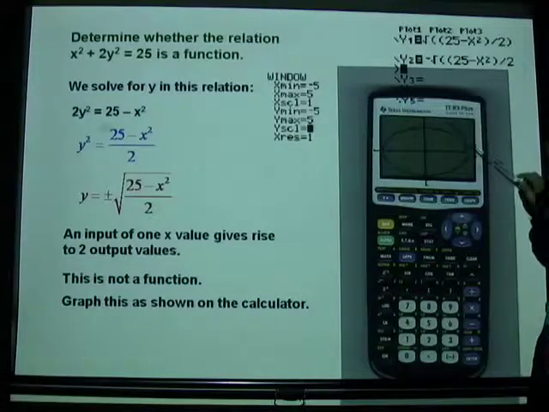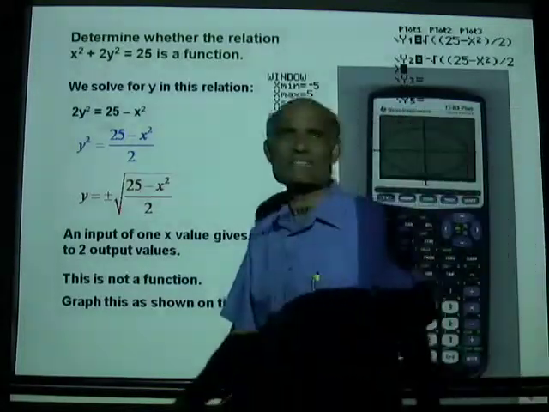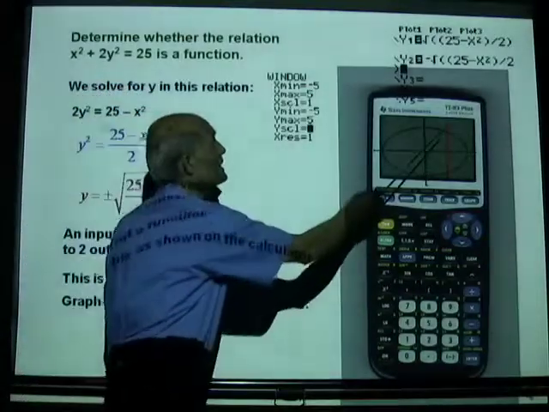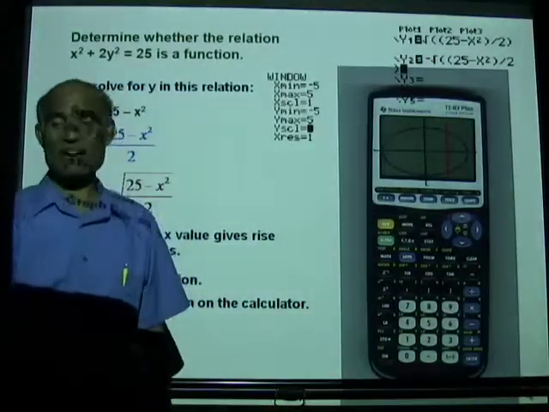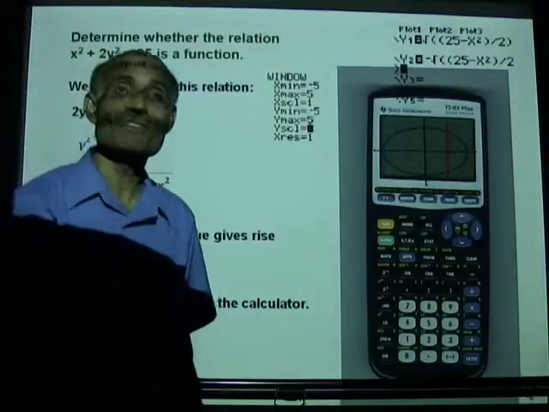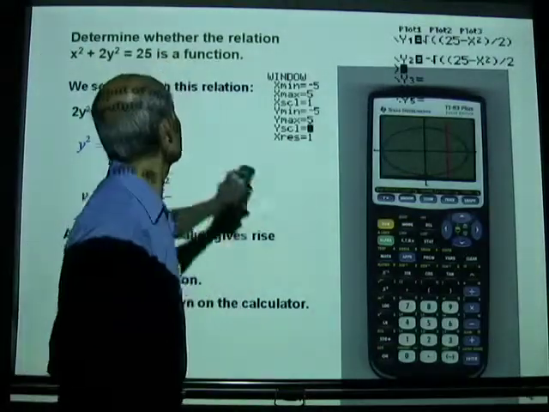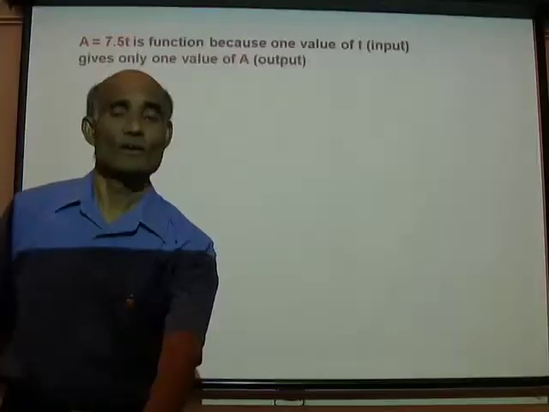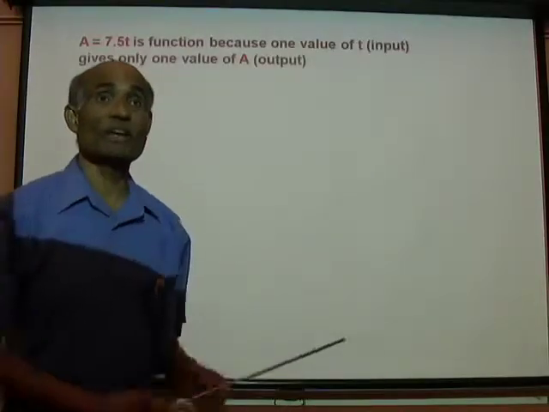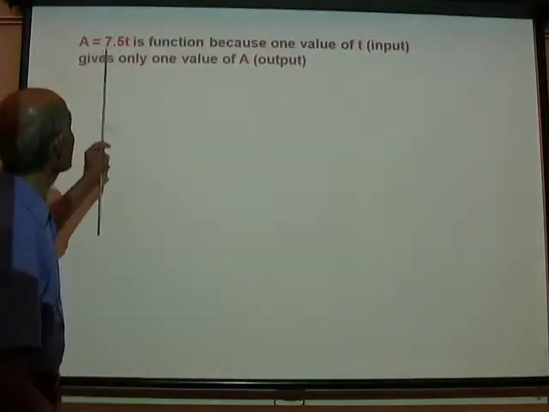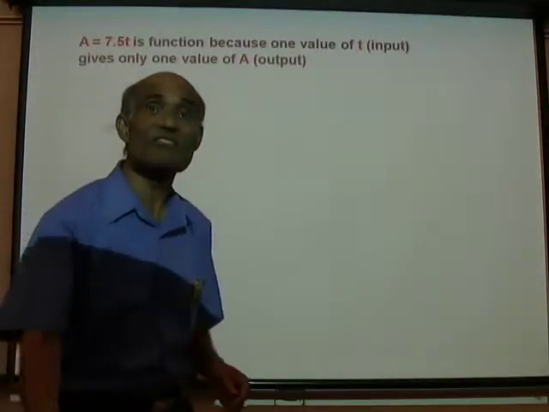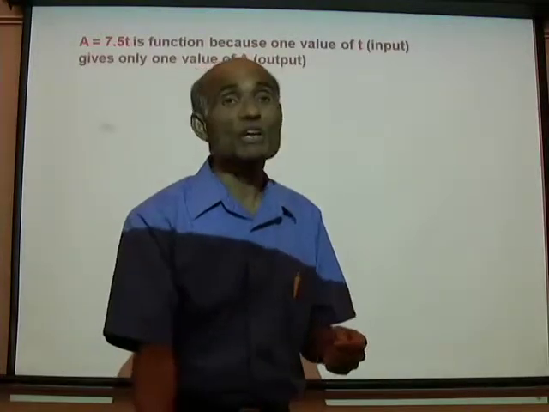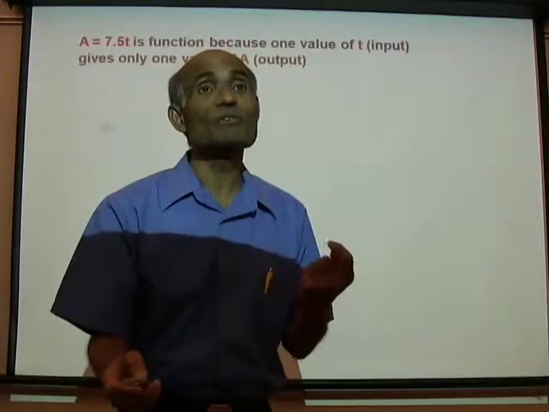Look at that. It is not a circle, but it's an ellipse. And if you draw a vertical line, it will cut the graph at two different points, and therefore this relation is not a function. All right. We said a equal to 7.5t is a function because one value of t gives only one value of a.